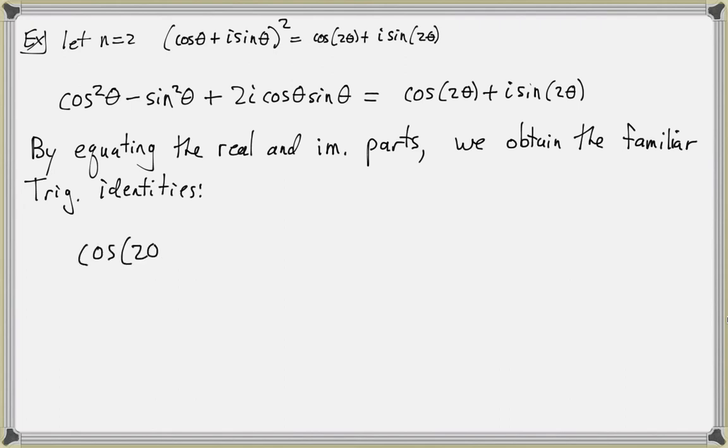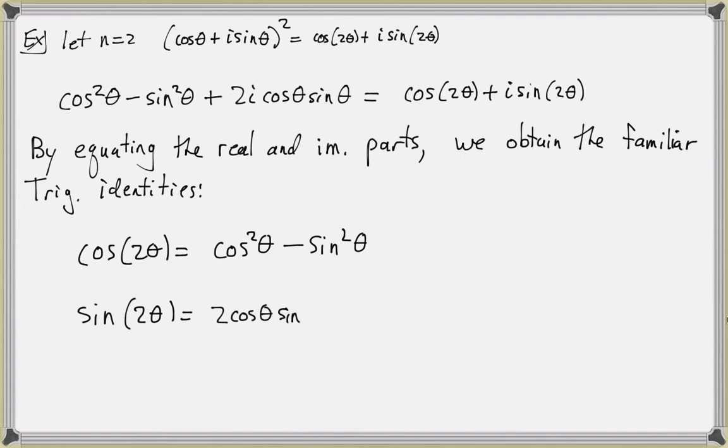Cosine of 2 theta equals cosine squared of theta minus sine squared of theta, and sine of 2 theta equals 2 cosine of theta sine of theta.